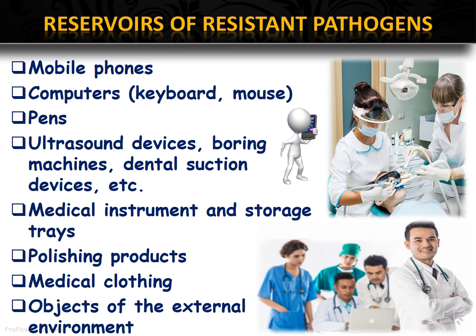What medical equipment, what environmental parts or objects play an important role for resistant pathogens in healthcare associated infection? You see different positions, like mobile phones, the first place, of course, computers, pens, different devices and machines which we use in the dental professional sphere, different medical tools, polishing products, medical clothes, and other objects.